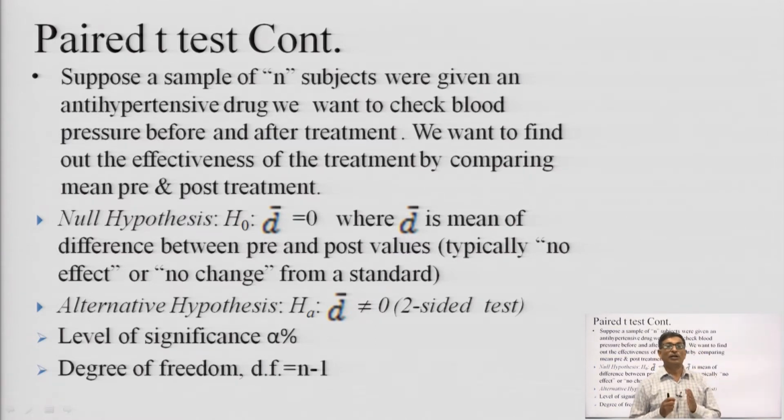That means there is no change from pre value to post intervention, where d bar is the mean difference between pre and post values. So we can say in the null hypothesis there is no significant effect or no change from pre to post values.